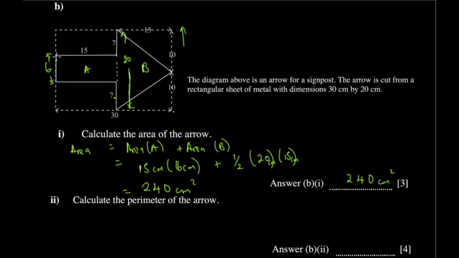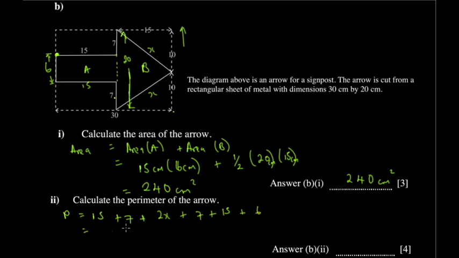For the perimeter, I just find one spot to start on. Perimeter is the distance or the length right around a shape. So we're going to move from here to here. That's 15. From here to here, that's 7. Then from here to here, let's call this x, and this x again. x and x are the same, so plus 2x here, plus 7 again, plus 15 again, plus 6.